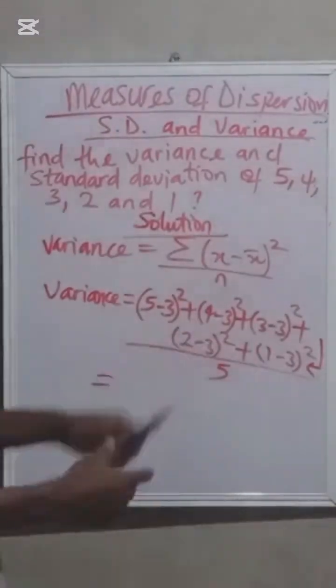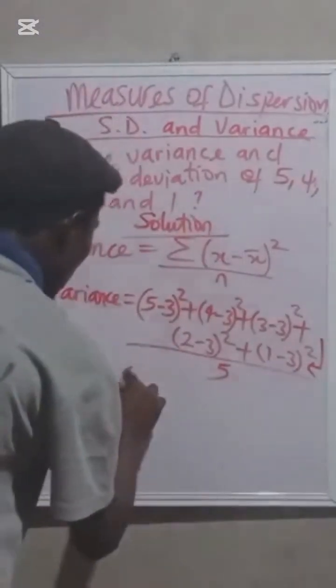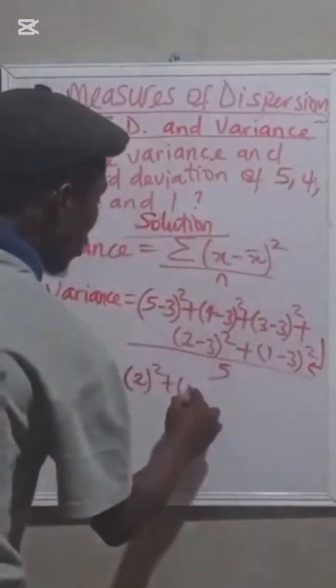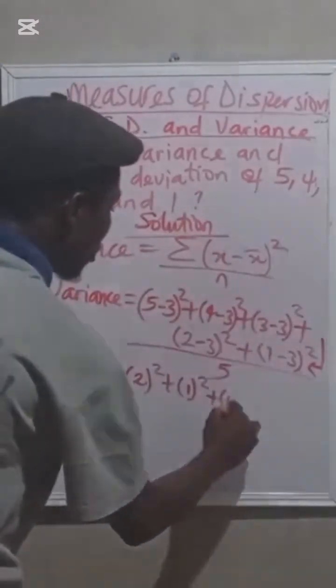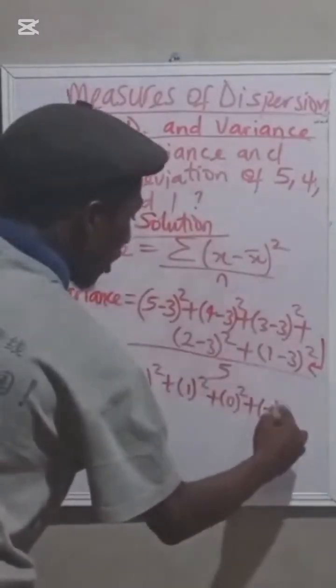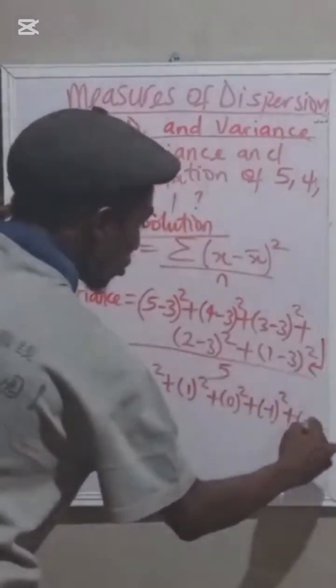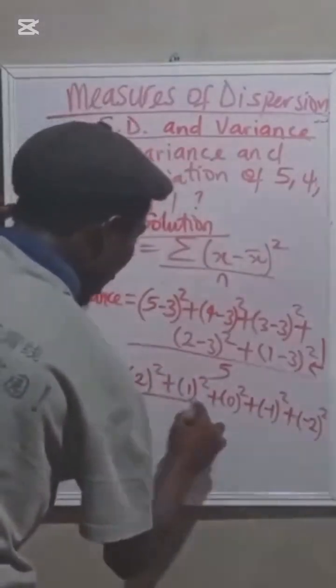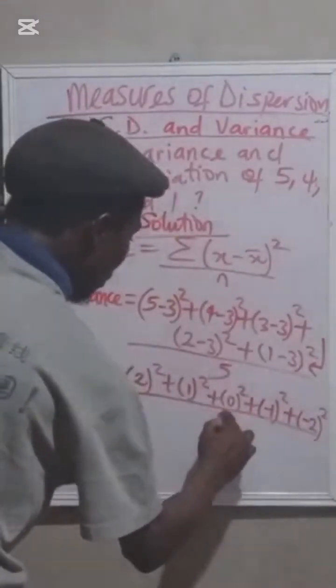So this is going to be 5 minus 3, that is 2 squared, plus 4 minus 3 gives us 1 squared, plus 3 minus 3 gives us 0 squared, plus 2 minus 3 gives us minus 1 squared, plus 1 minus 3 gives us minus 2 squared, all divided by 5.